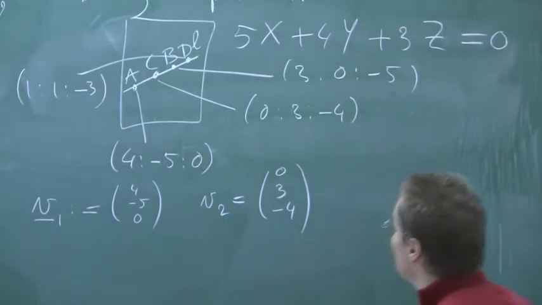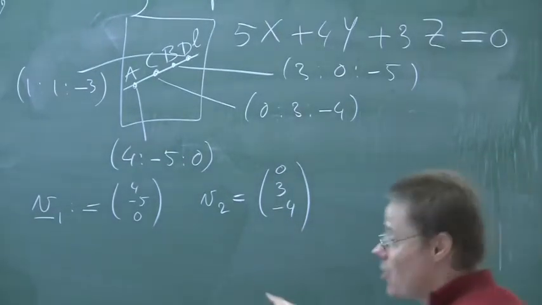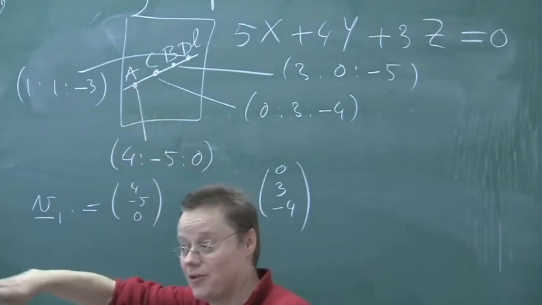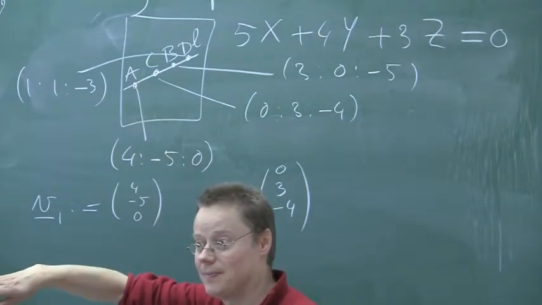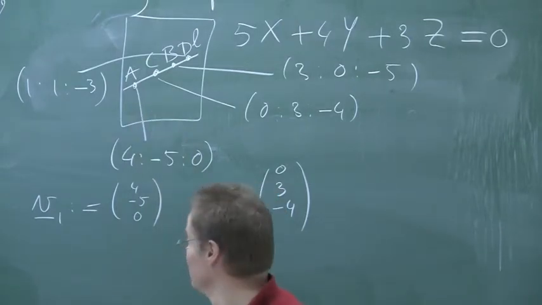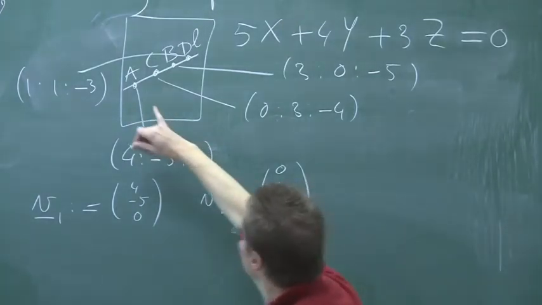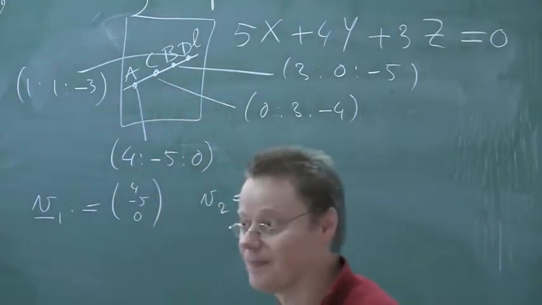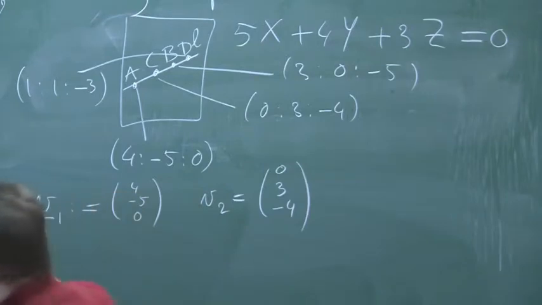Now I know this line is a plane through the origin in R3. I'm thinking about this line as a plane through the origin, and these are 4 lines lying in this plane.